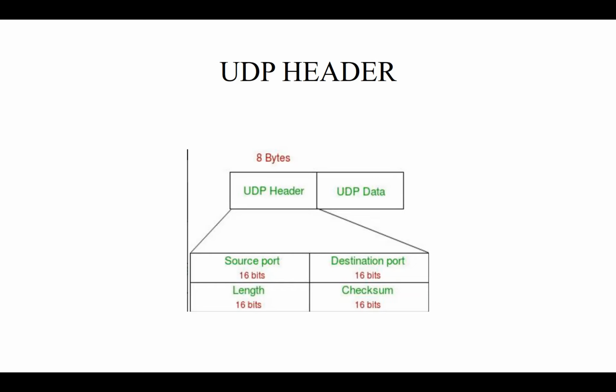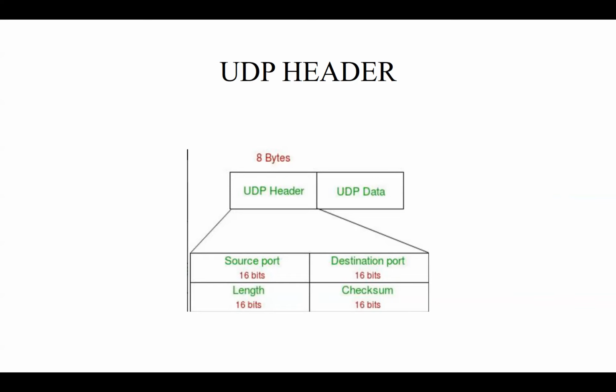The length field defines the total length of the user datagram plus header, in the range of 0 to 65,535 bytes. And checksum is optional, which is used to detect errors.